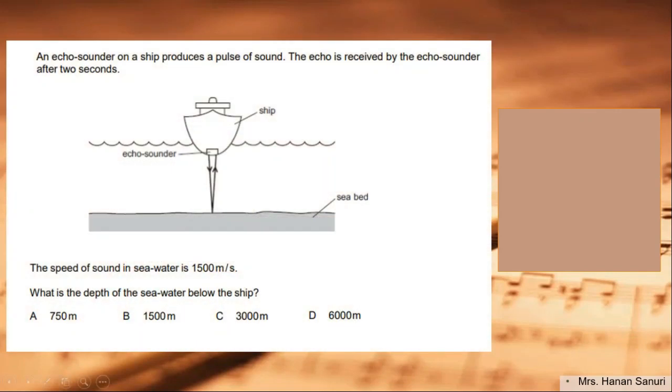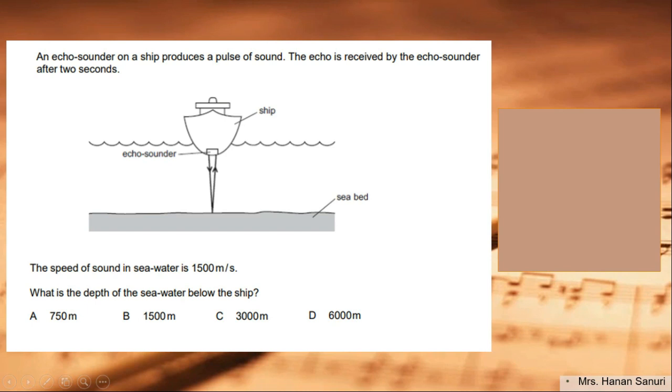An echo sounder in a ship produces a pulse of sound. So here, the echo sounder produces a sound. The echo is received by the echo sounder after 2 seconds. So time equals 2 seconds until it goes and comes back. The speed of sound in seawater is 1,500 meters per second.